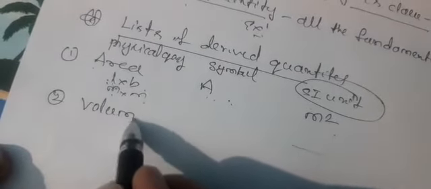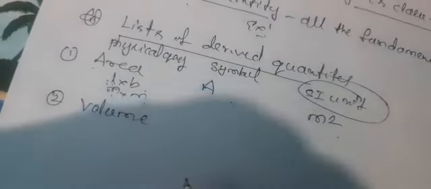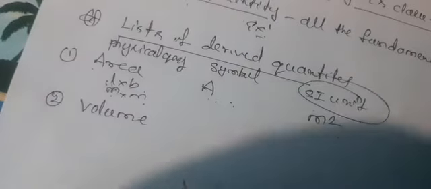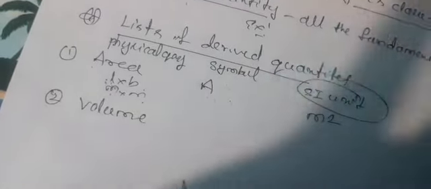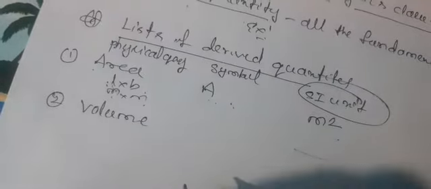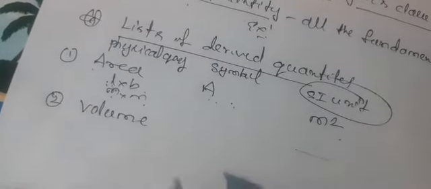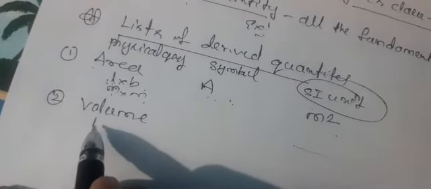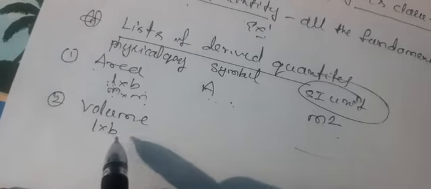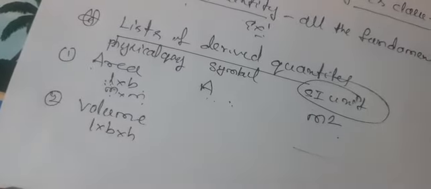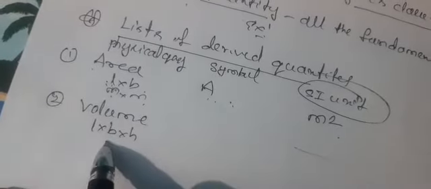The second derived quantity is volume. A good example is a beaker containing liquid. How do we measure the volume of the liquid? Volume is defined by the length, breadth, and height.